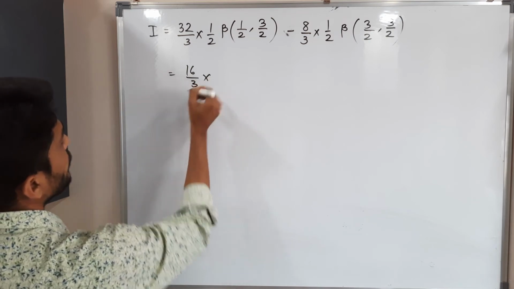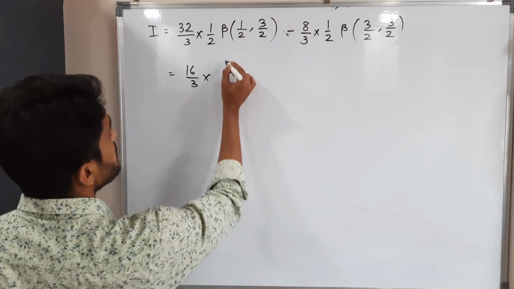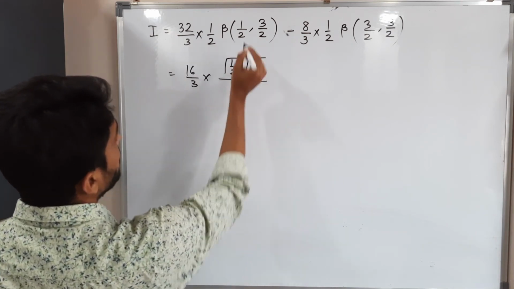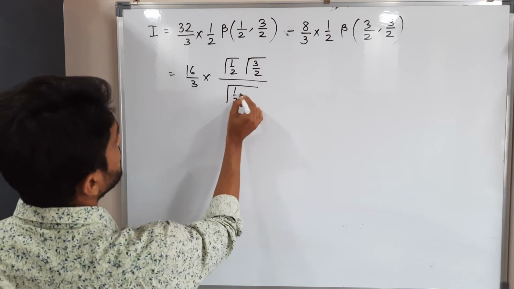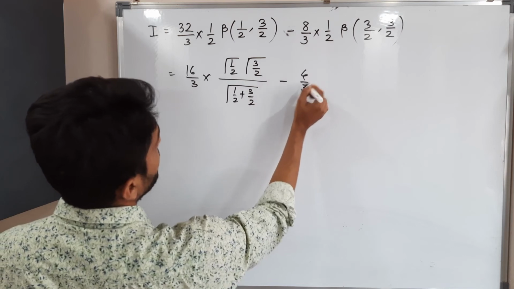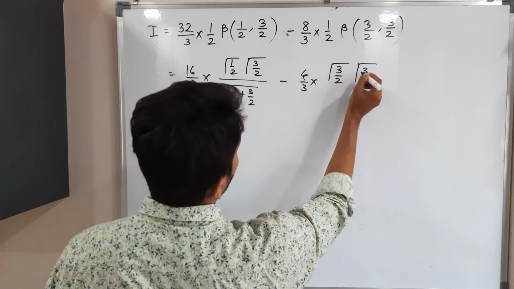16 by 3. So you know well how to convert it into gamma function. So this is gamma 1 by 2, correct? Gamma 3 by 2. And in denominator we add 1 by 2 plus 3 by 2. Minus 2 will get cancelled, 4 by 3. Here also I will do the same. Gamma 3 by 2, gamma 3 by 2.